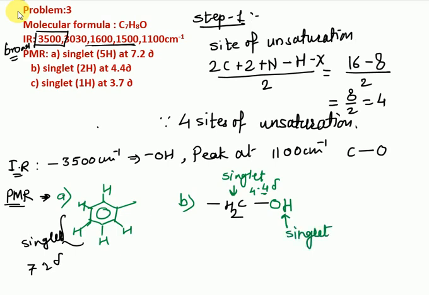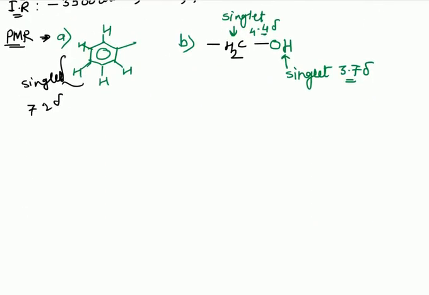And this hydrogen will show a singlet, with a chemical shift of 3.7 delta value. It's also quite de-shielded. If we join the fragments, we will get the structure of our resultant alcohol, the benzene ring with CH2OH.